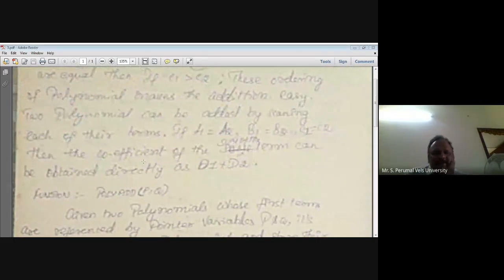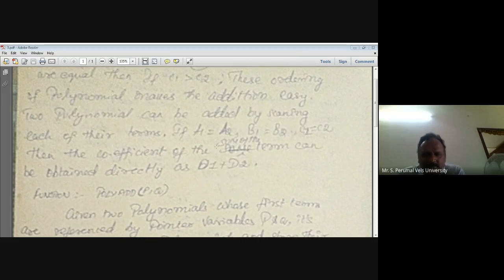The last constraint says if A1 is equal to A2, B1 equal to B2, and C1 equal to C2, and the coefficient term does not get cancelled, D1 plus D2 is not zero. If they are equal with negative values, 2x square minus 2x square, what value will we get? We will get the value 0, because the negative value cancels it, so there is no resultant polynomial.